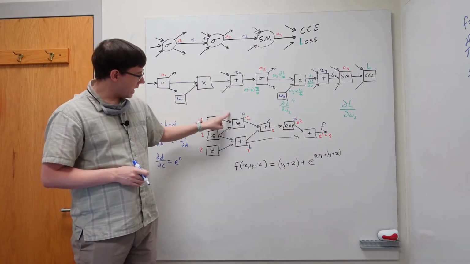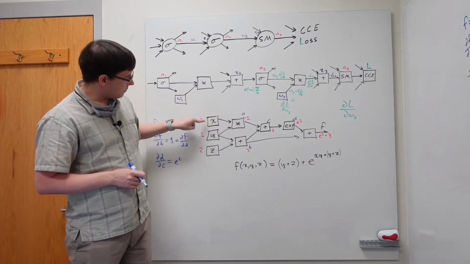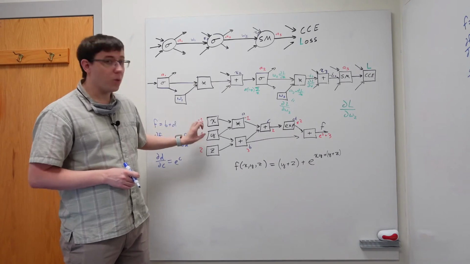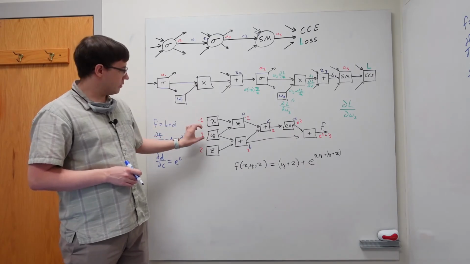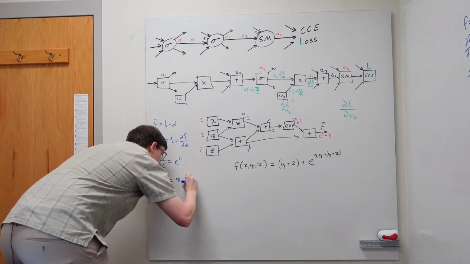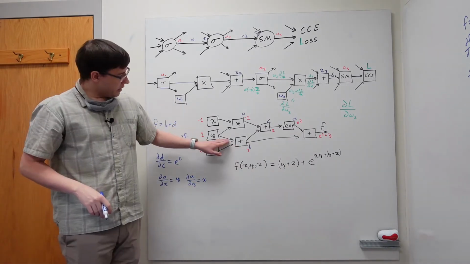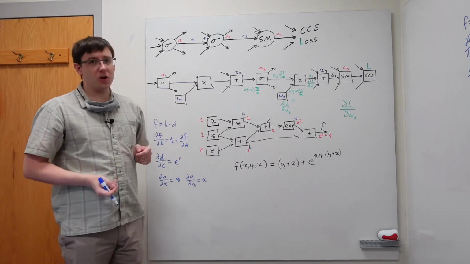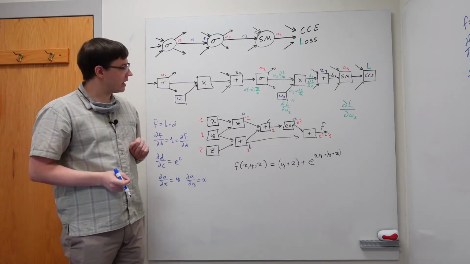For node A, the derivative of x times y with respect to x is y, and the derivative with respect to y is x. And for each of these, some nodes will again get a partial derivative of 1 for each of the inputs.